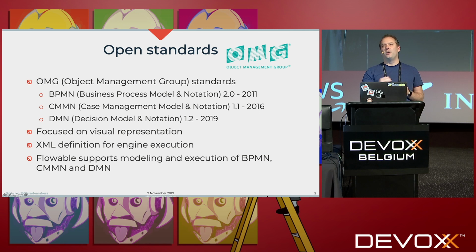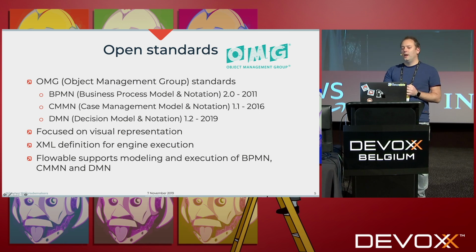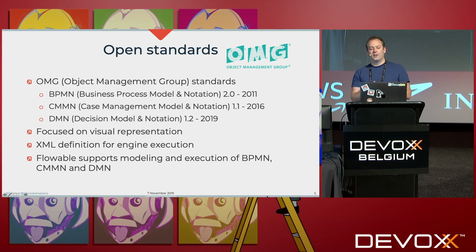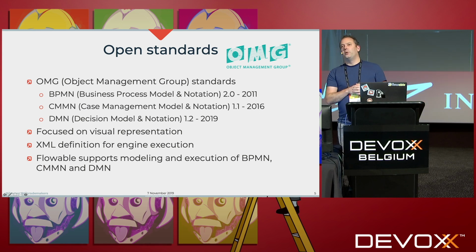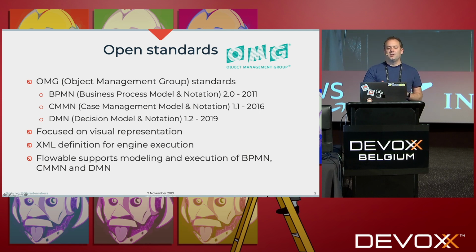That standard has been around for quite a while already, so that has really proven itself for a long time. CMMN has been added more recently, so that really focuses on the case management side of things, and DMN focusing on the decision stuff like rules and all that, which is the most recent standard.